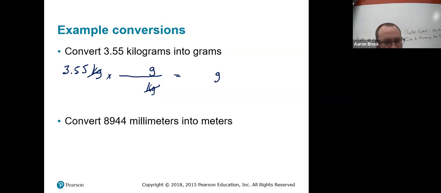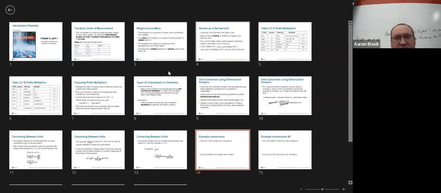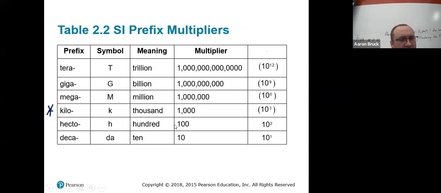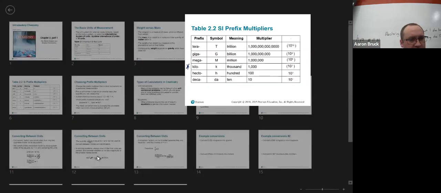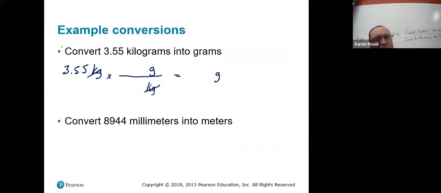Now, if you don't know that off the top of your head, you can go back to our prefixes here, and you can see that kilo means 1,000. So there are 1,000 grams in a kilogram. So I'm going to put that in here, 1,000 grams in 1 kilogram.